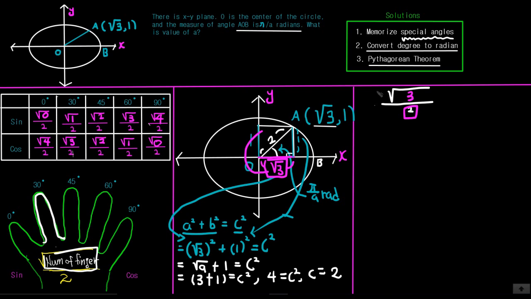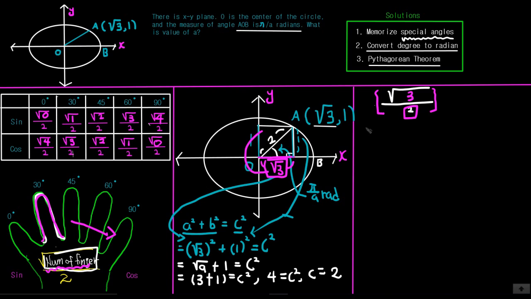And according to the method that we learned to memorize the special angles, the number inside the radical is going to be the number of fingers left, which means it is a cosine, and that should be 3 fingers left to the right, which means the value of 30 degrees is going to be our answer because it's 3 left from the right.